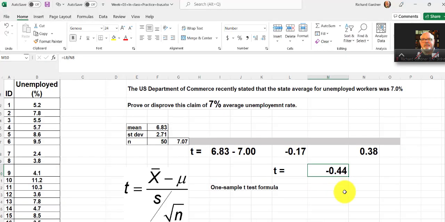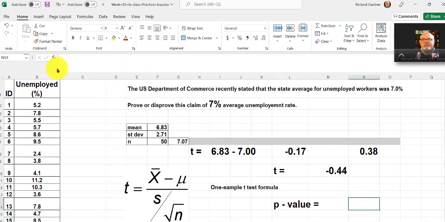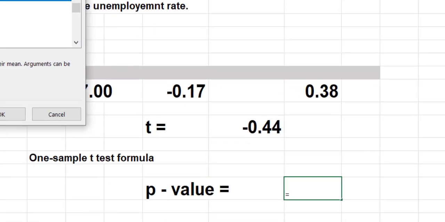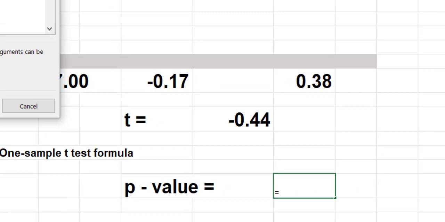But now I'm going to show you another way to find the p-value. So what we do is we use Excel again, and we simply go to the function bar, and we want a t-test. There's a lot of different ways to do this. Hold on, that was wrong. I'll go in here and go t distribution. Is that what we want? Returns the left tail.